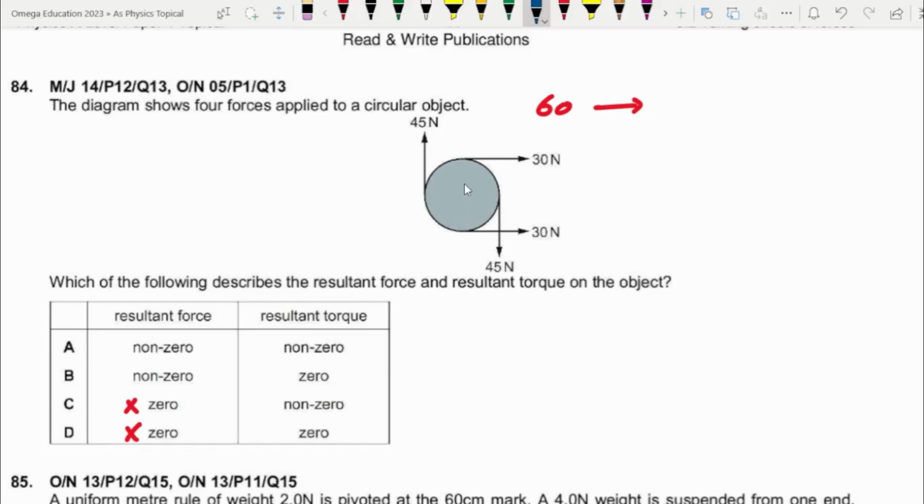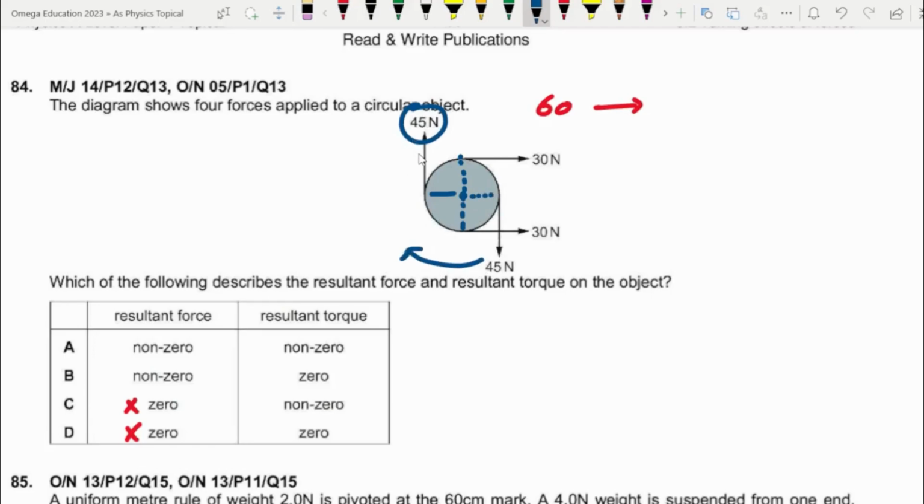Well, this one, 45 Newton here. Let's say this is your pivot. Okay, this is your pivot for the 45 Newton force. So this one will rotate it clockwise. The lower one would also rotate it clockwise.